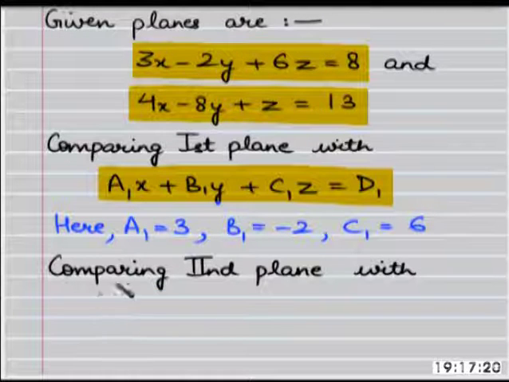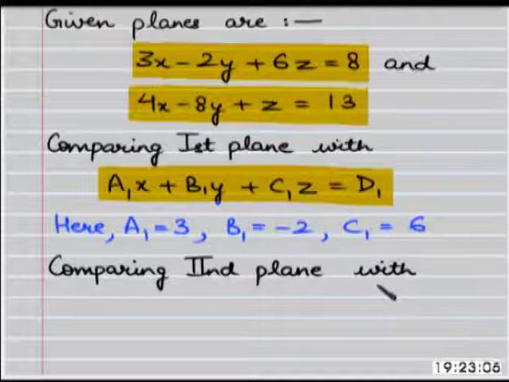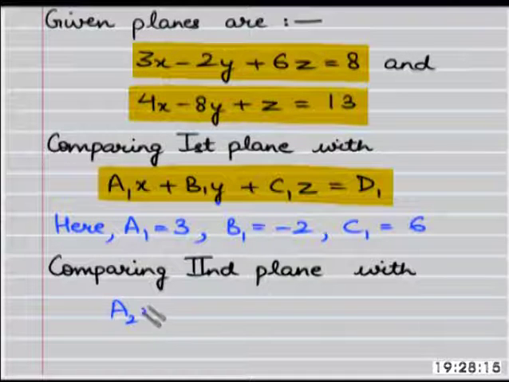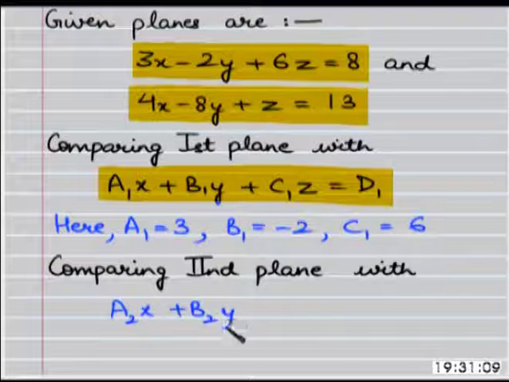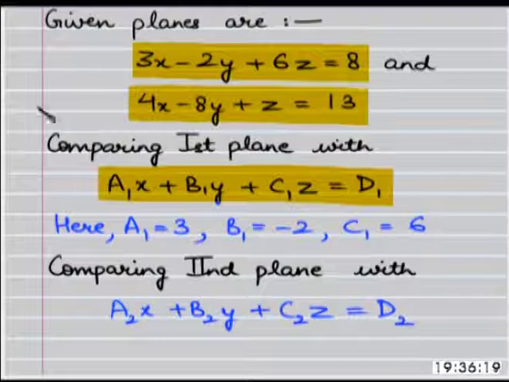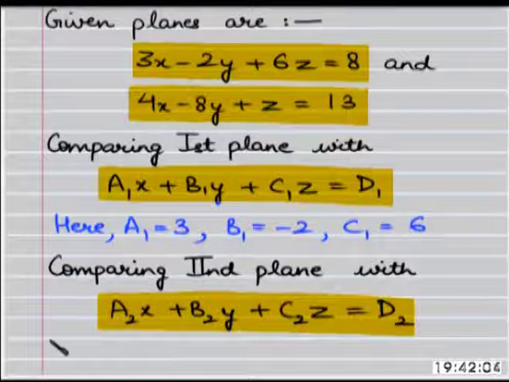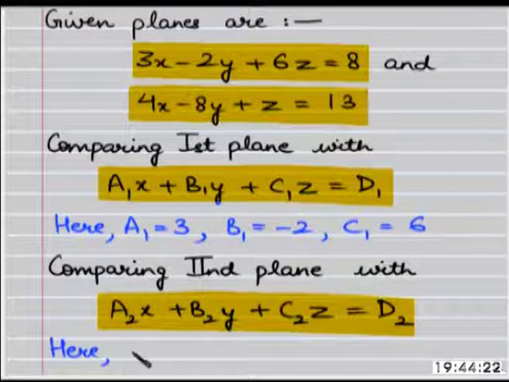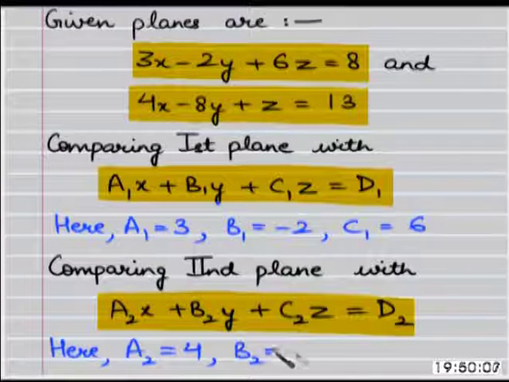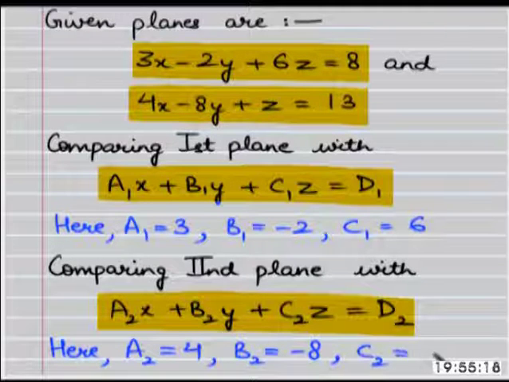Also, comparing second plane with the general form of equation of a plane, that is a2 into x plus b2 into y plus c2 into z is equal to d2. Here a2 is equal to 4, b2 is equal to minus 8 and c2 is equal to 1.